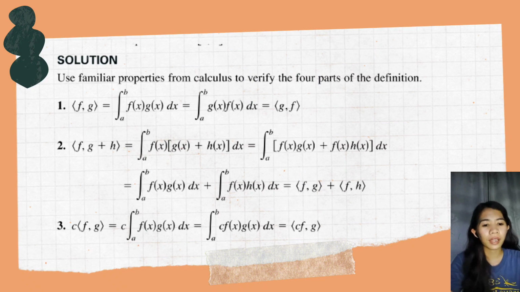The third thing is multiplying a scalar to the inner product of f and g.